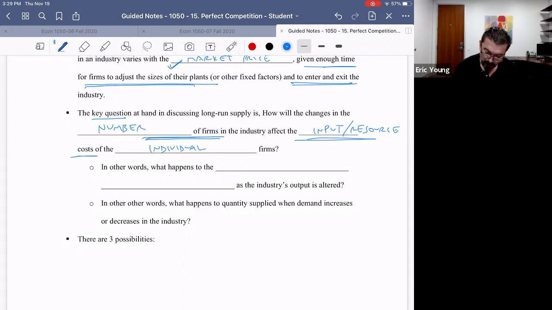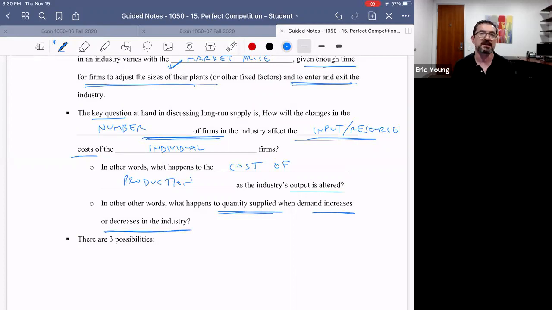So in other words, what happens to the cost of production as the industry's output is altered? In other words, what happens to the quantity supplied in the industry when the demand increases or decreases in the industry? Okay, so again, we're really looking at, how is the cost of production faced by individual firms affected based on the movement into or out of the industry as the industry dynamics make it larger or smaller?